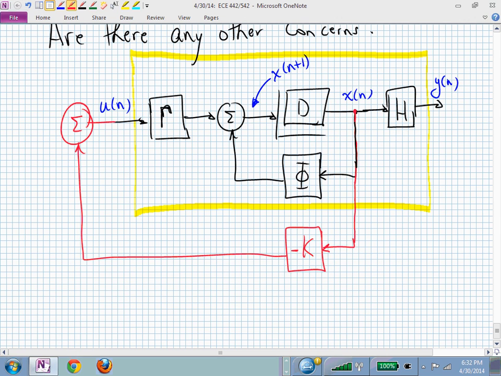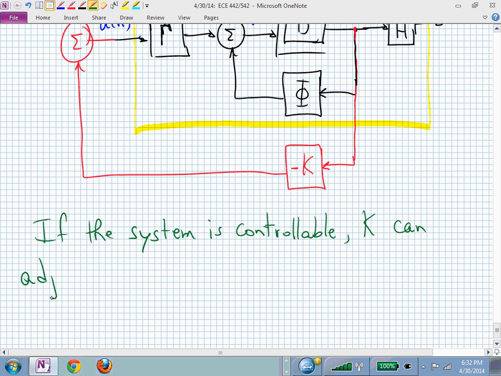And remember, if I ask you what's possible with this configuration, you would say, well, if the system is controllable, then we can find a matrix K that will locate the closed loop poles anywhere we want in the z-plane, or K can adjust the system dynamics arbitrarily. That's if our system is controllable.